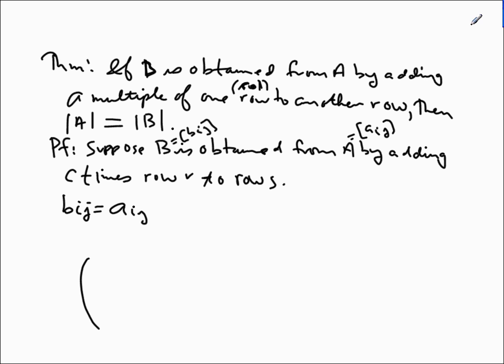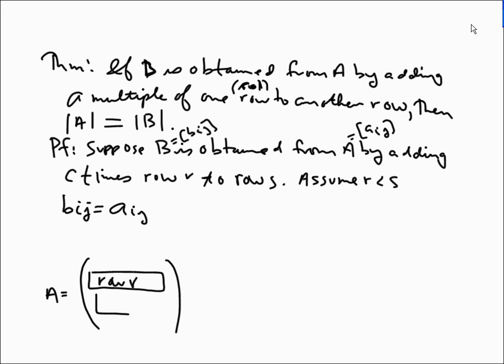If this is A, how about we assume R is less than S? Let this be row R, and lower down is row S. Now when it comes to B, row R did not change.